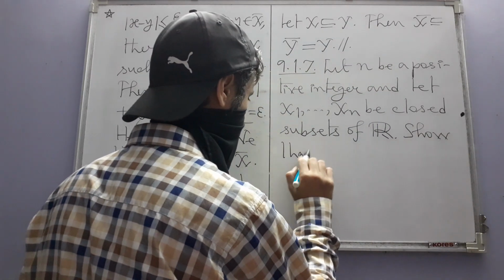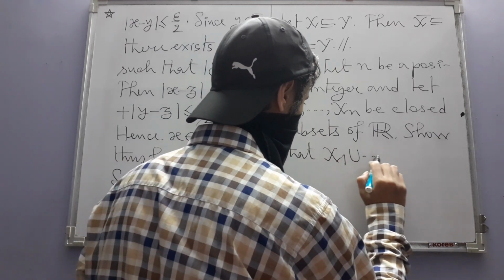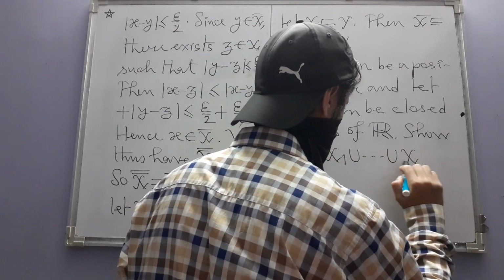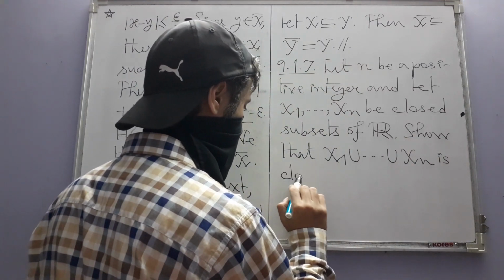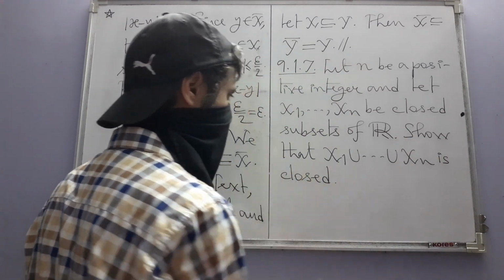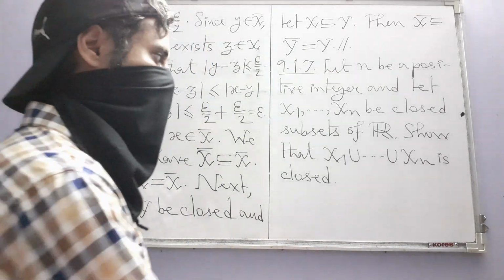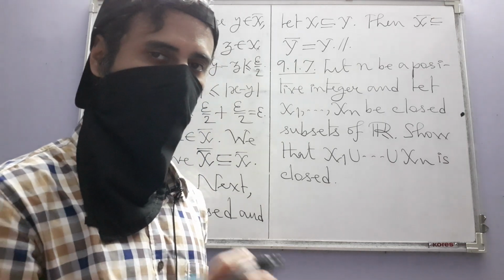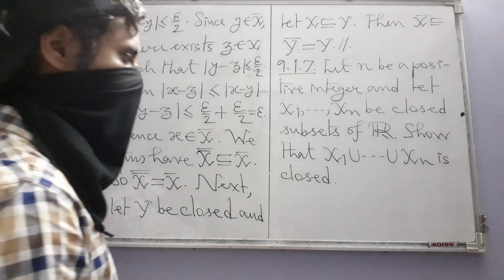Show that their union is closed. In other words, the union of finitely many closed subsets of R is again a closed subset of R.